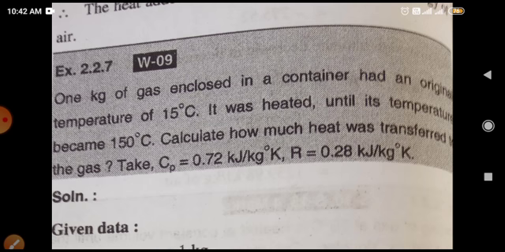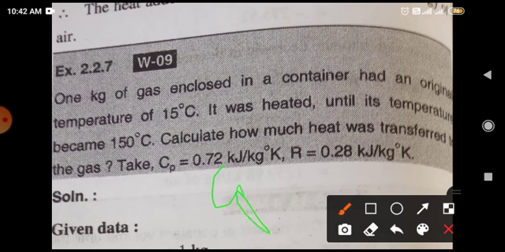I made a mistake: I said mCp delta T, but the gas is enclosed in a container. This means there is no change in volume. This is a constant volume process. Enclosed in a container means it is constant volume. That's why, instead of Cp, you have to take Cv.